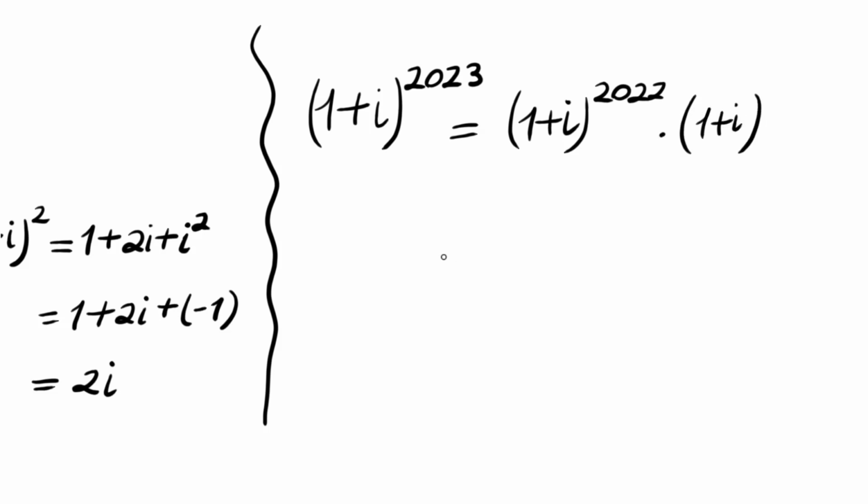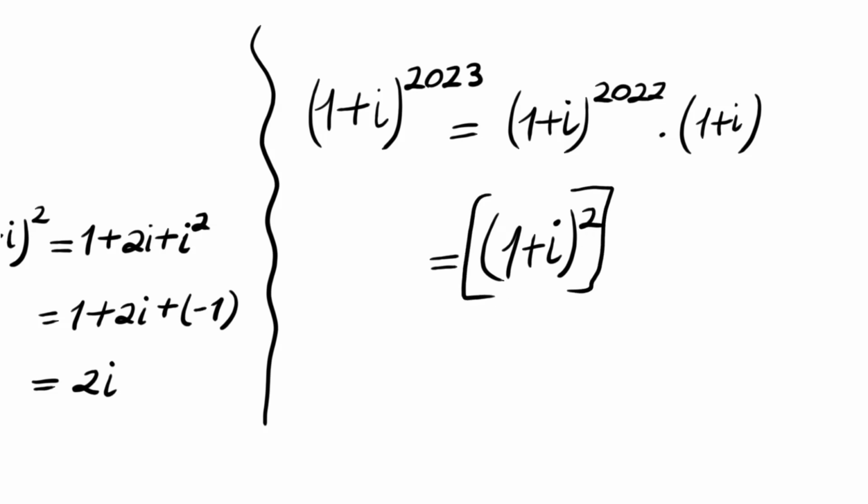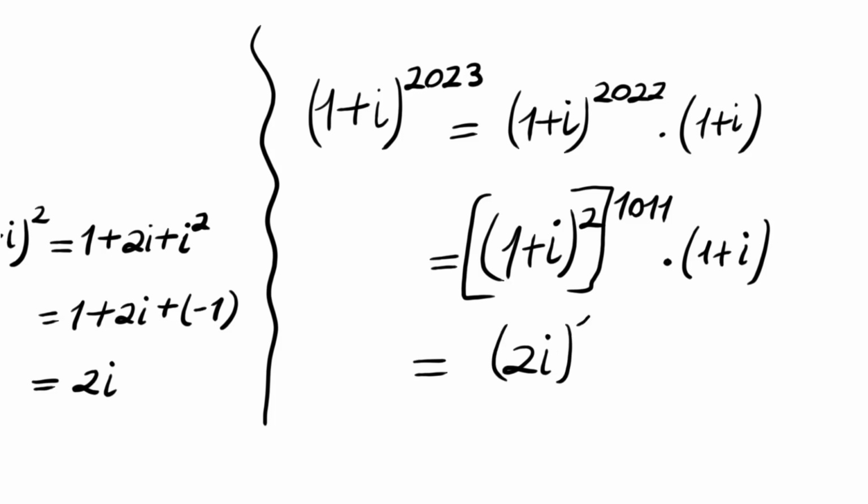Then this power 2022 also can be written as 1 plus i squared, again raised to the power of 1011, times this 1 plus i again. So we will find 2i, which is 1 plus i squared, to the power of 1011 times this 1 plus i.